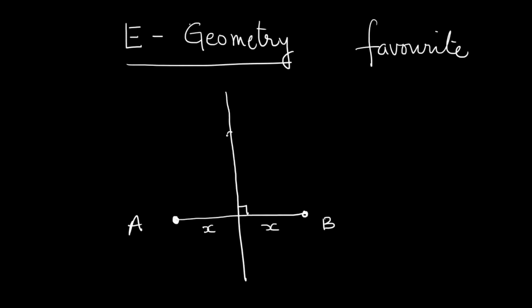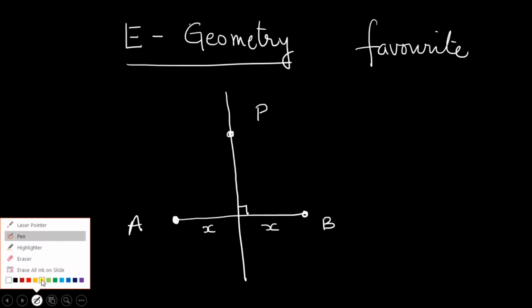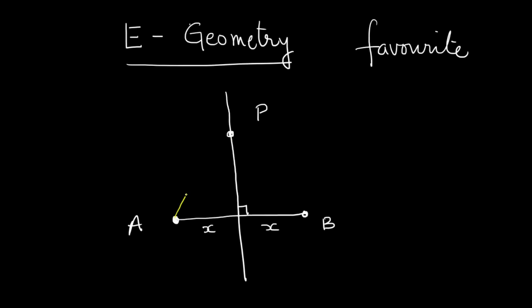Then you pick up any point P on the perpendicular bisector, and the theorem says that your distance from A will be equal to your distance from B. You are at P, so let's call this distance C. So C will be the same on both sides, is to be proved.